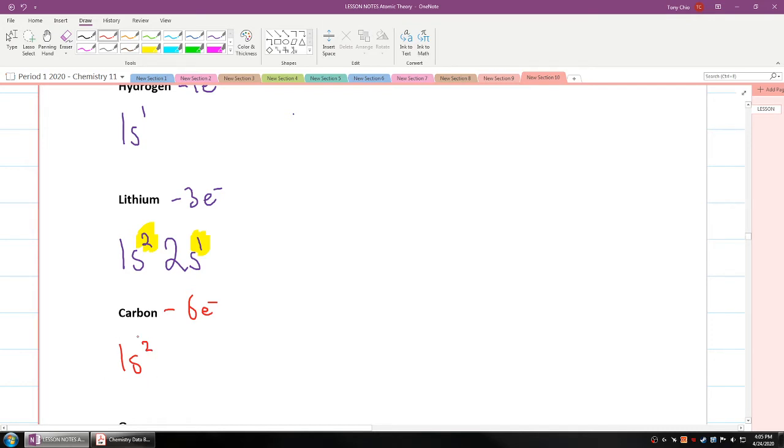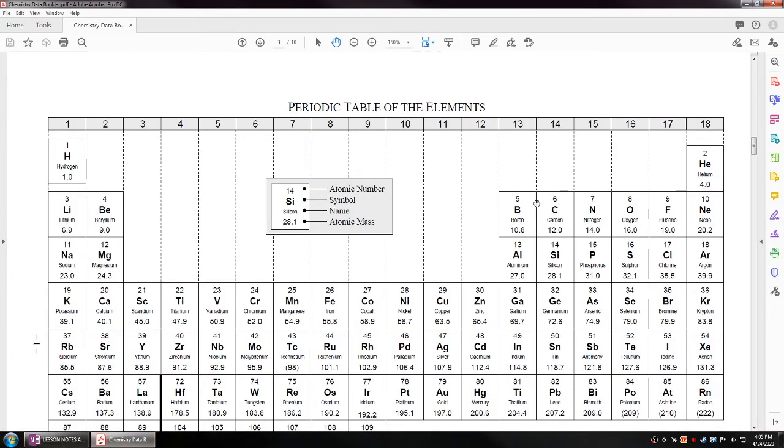We always want to fulfill the lowest energy first. The next 2 go in the 2s. There are still 2 more left. Those go in the 2p.